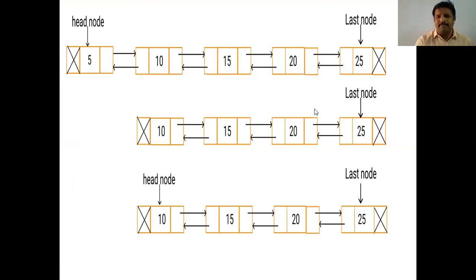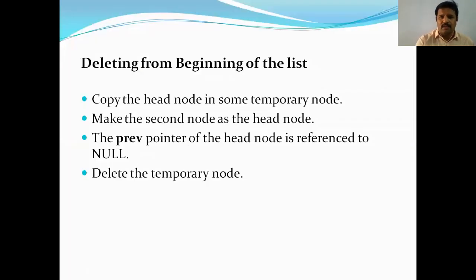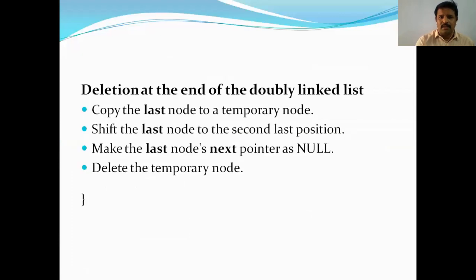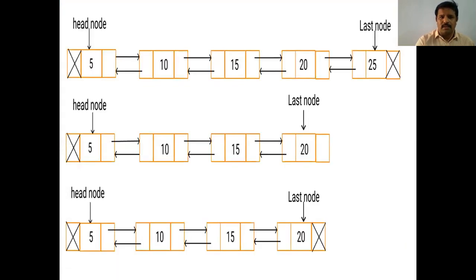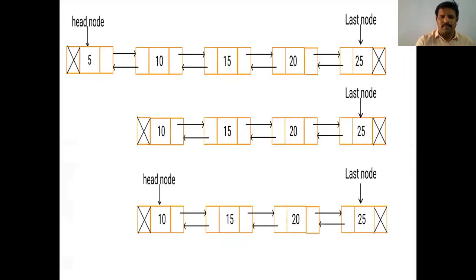See, this is the diagram. This is the given list which contains 5 elements, that is 5, 10, 15, 20 and 25. Now we can delete the first node of the list.